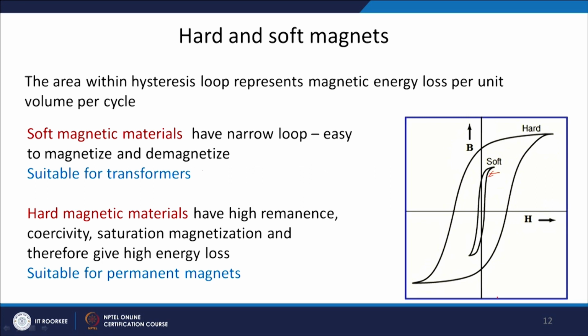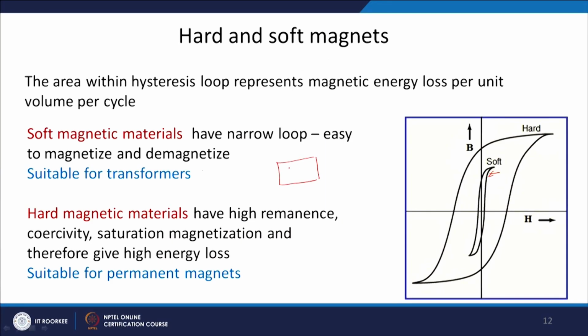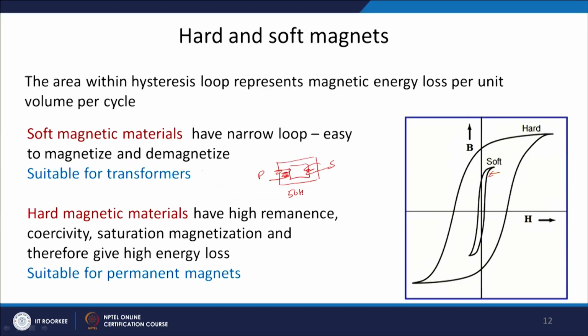So, you can understand in a transformer, you have a primary winding. For example, suppose you have a transformer like this. You have primary winding here, and you have secondary winding here, and in the primary winding an alternating current is flowing which has a frequency of 50 hertz.